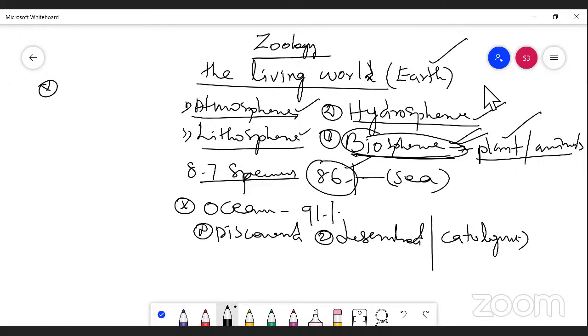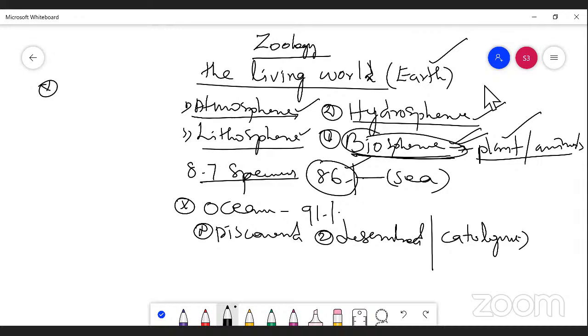But human beings depend on plants and animals. Our food requirements depend mostly on plant production and animal production, parts of plant bodies and animal bodies. Animals are also used as a source for human requirements.